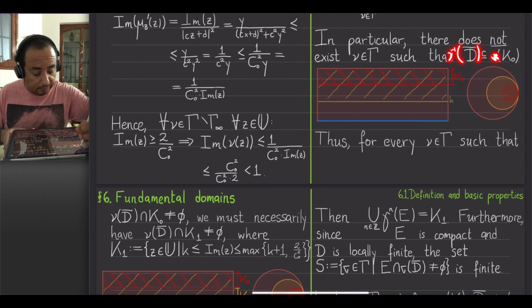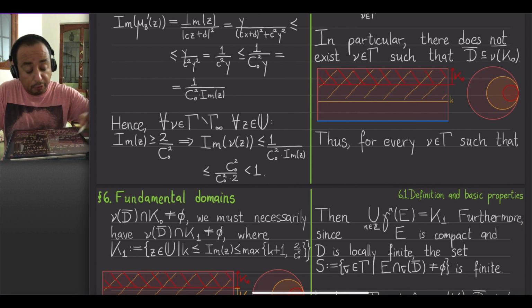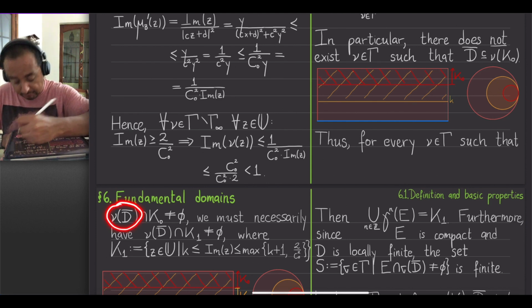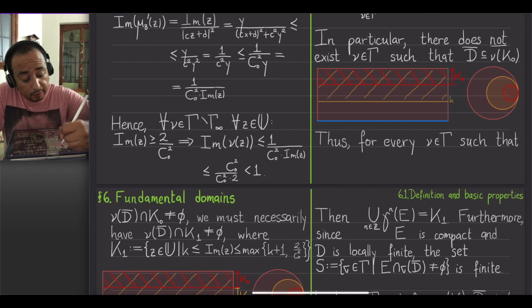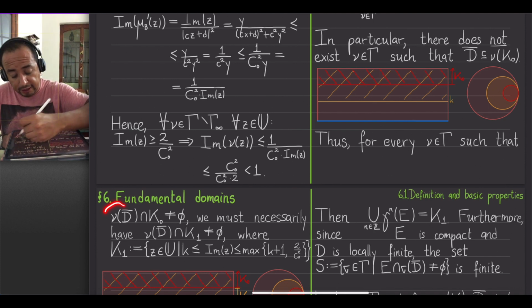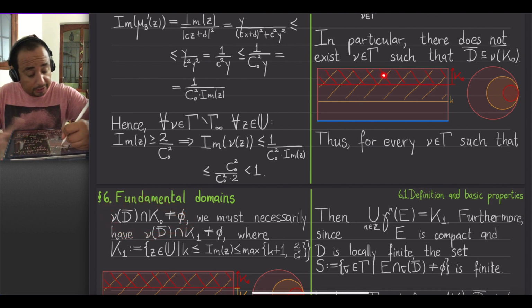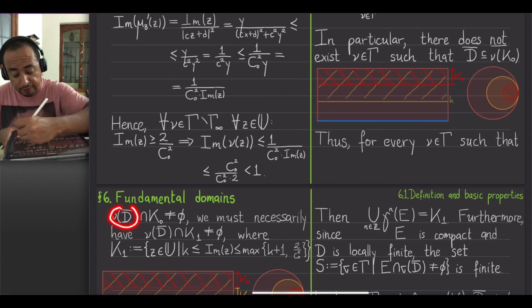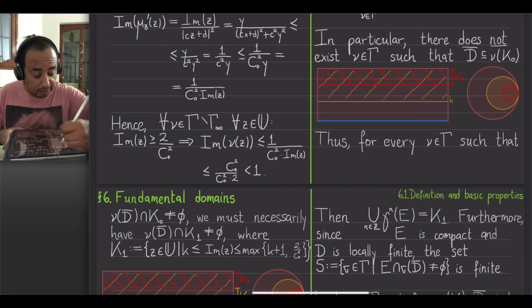So in particular, there does not exist any nu with the property that this is contained in k naught, right? So for any nu, there must be some point of D bar, some point of the corresponding image outside k naught. We would have a point inside because of this condition, and there must exist a point outside. Now there must be a point of nu of D bar outside k naught, but still here in K.